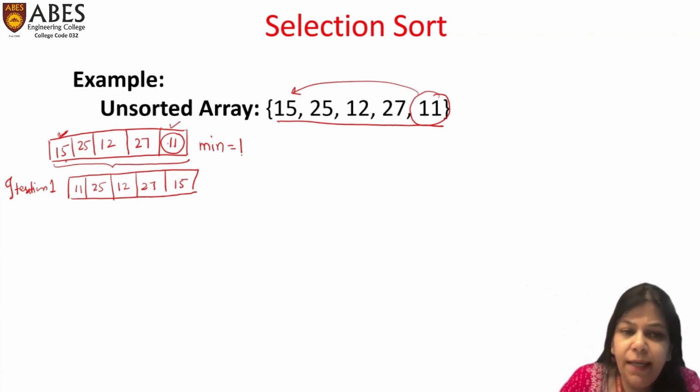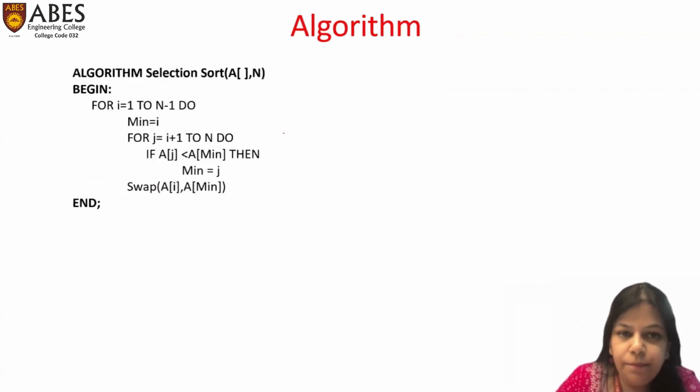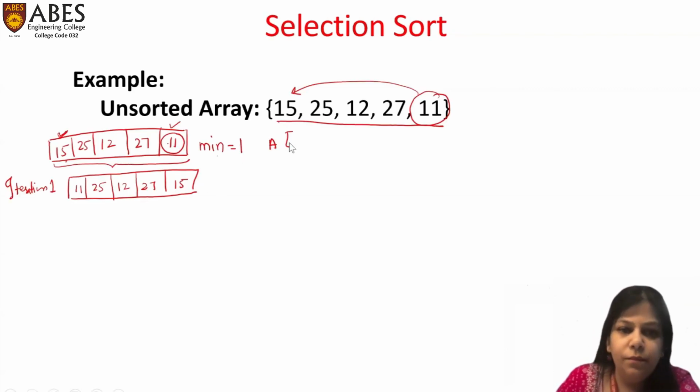Now we will repeatedly compare A minimum with the rest of the elements of the array. So the first time, we will compare A minimum, that is 15, with the rest of the elements.